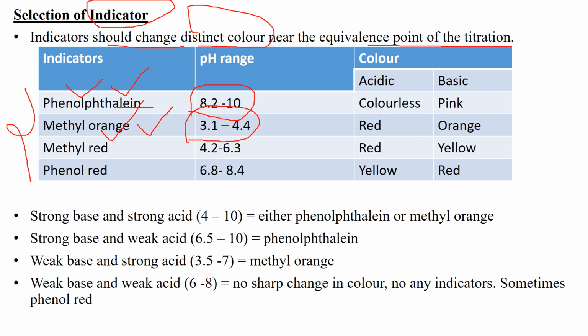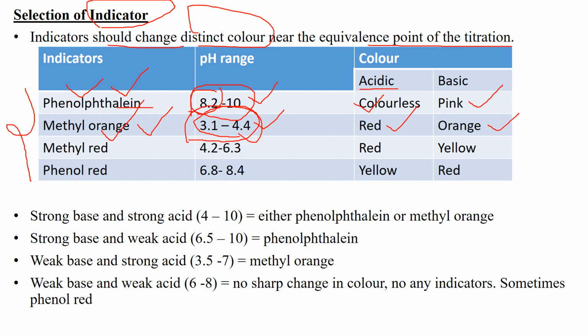Phenolphthalein has its pH range in basic medium, and methyl orange has its pH range in acidic medium. The color of phenolphthalein in acidic medium is colorless, meaning it has no color. However, in basic medium it is pink. Similarly, the color of methyl orange in acidic medium is red and in basic medium it is orange.